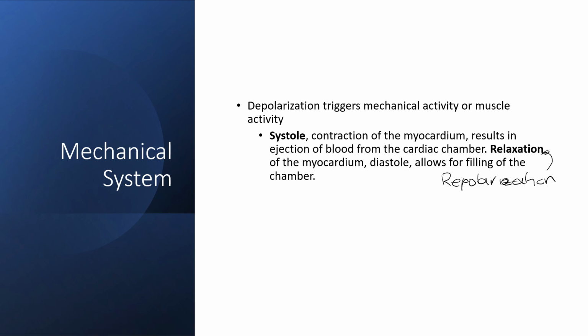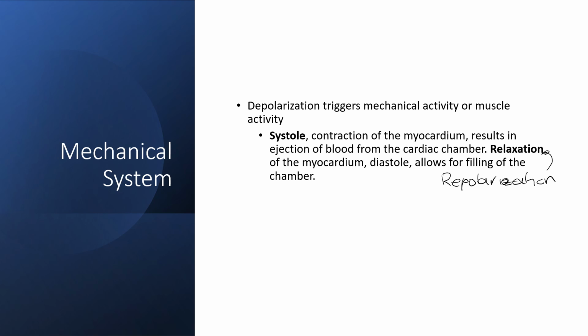That's your mechanical activity. Once they lose the current, they go into repolarization or relaxation, which is diastole. The current then goes to the AV bundle and the Purkinje fiber, causing systole of both ventricles, and then once they lose that current, they go into diastole or relaxation.